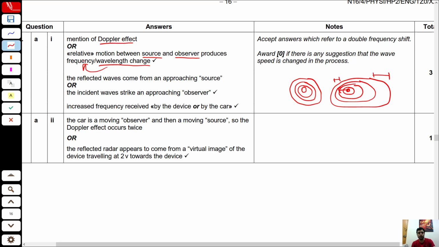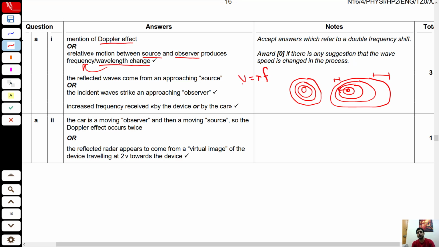The reflected waves come from an approaching source, or the incident wave strikes an approaching observer. Because the observer is moving toward the source, there will be a decrease in wavelength. We already know this equation v equals lambda f.